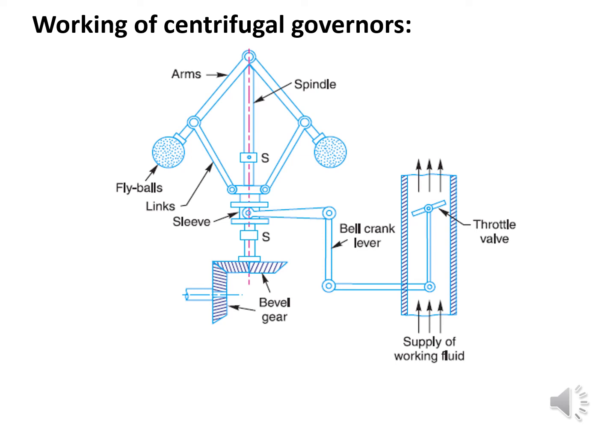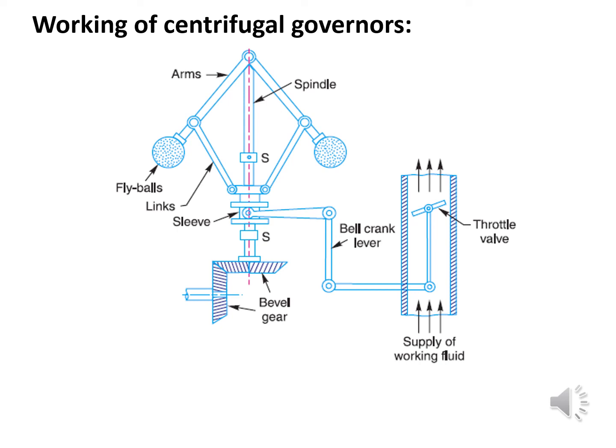When the load on the engine increases, the engine and the governor speed decrease. This results in a decrease of centrifugal force on the balls. Hence, the balls move inward and the sleeve moves downward.